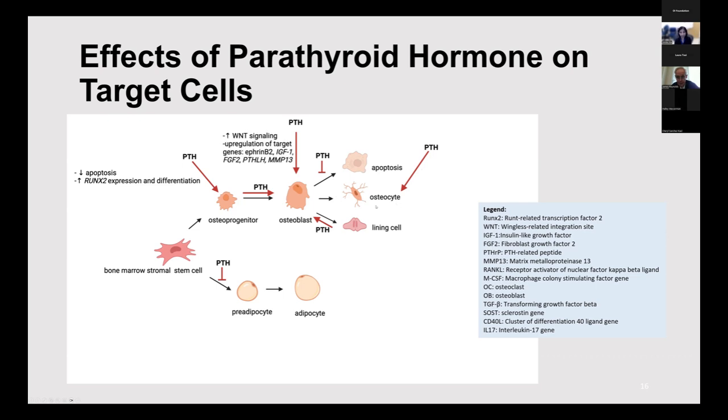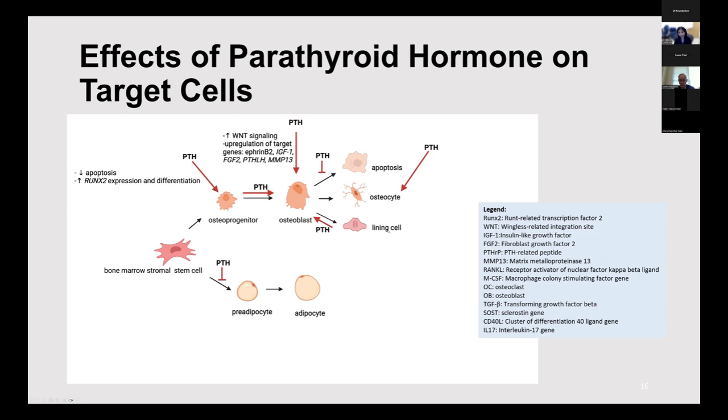It also increases Wnt signaling, which is important for osteoblastic activity, and also upregulates the expression of some of these genes like fibroblast growth factor and IGF-1, which are important for the maximum anabolic activity of PTH.